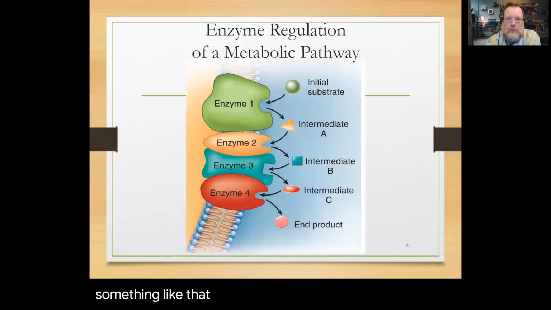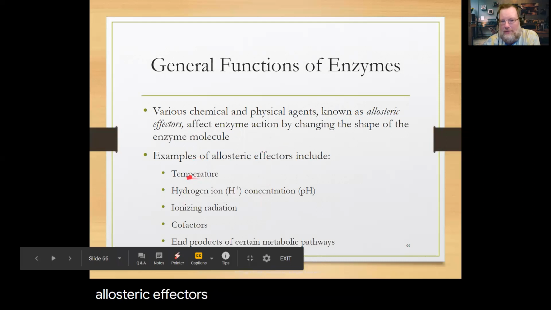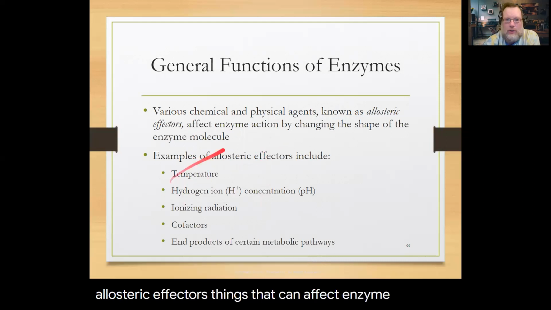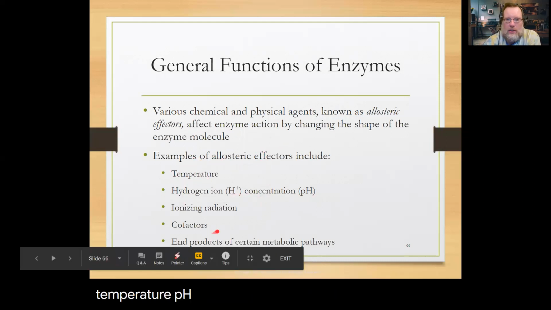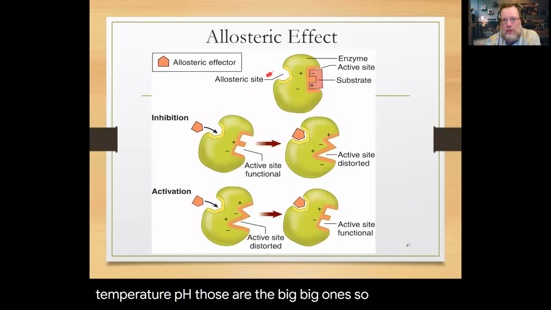So anyhow, a couple of things, again: allosteric effectors, things that can affect enzyme activity, temperature, pH, those are the big ones. Basically what it's showing is we've got an enzyme here, and this is the molecule the enzyme attaches to. So this enzyme attaches to something that's a C shape.